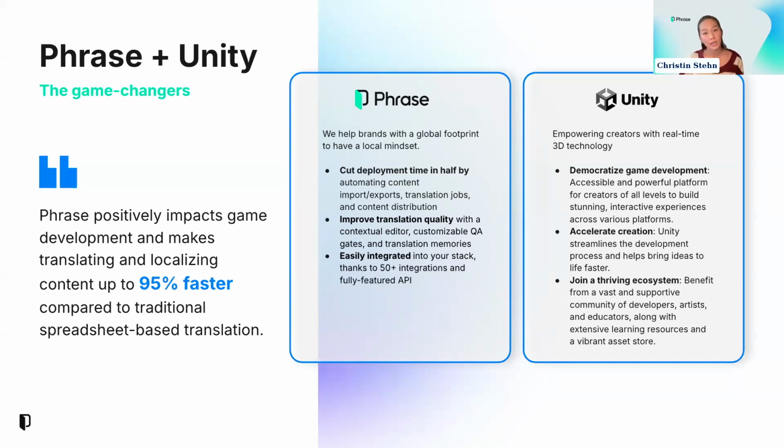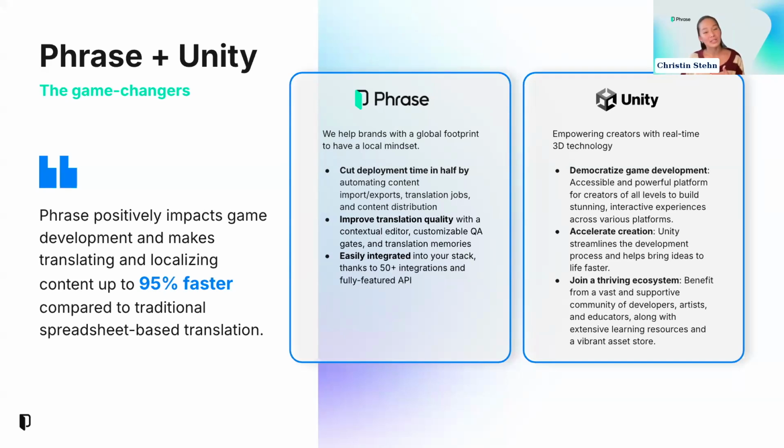So with Phrase, you can reduce the time spent on localization and translation by automating these time-consuming tasks like manual content imports, exports, and content distribution. So this means your team can actually focus on what really matters, which is creating great games.